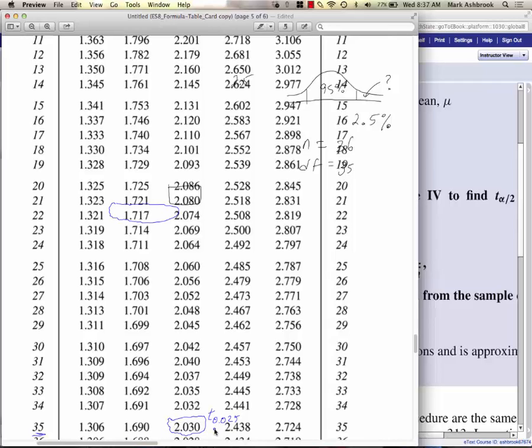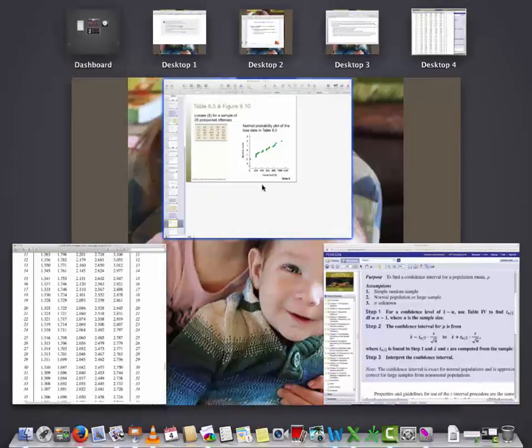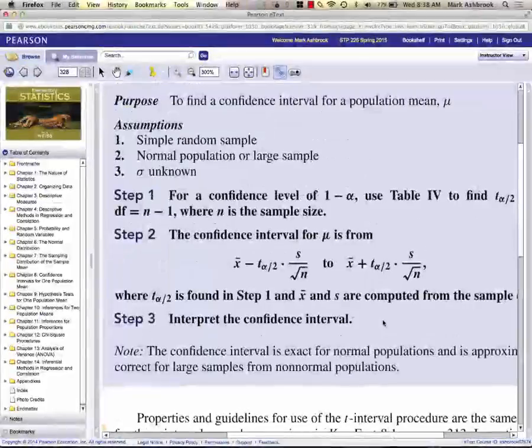And so that's my value of t. So I'm going to go 2.03 of our standard deviations above the mean and below the mean. And that will do the confidence interval. So we got the 2.03. Where was our example? It's here.